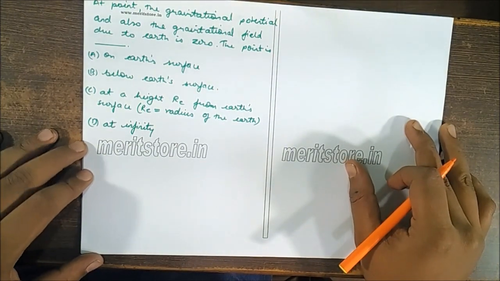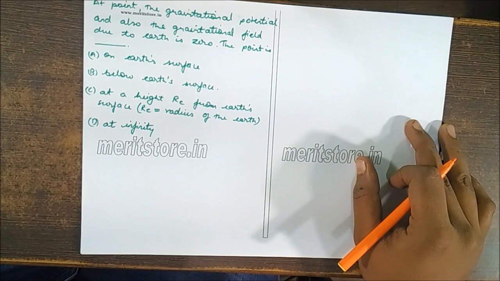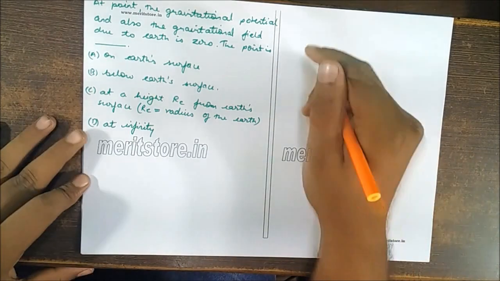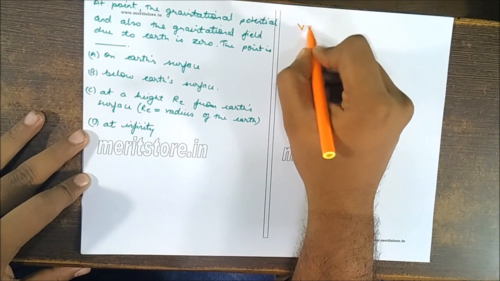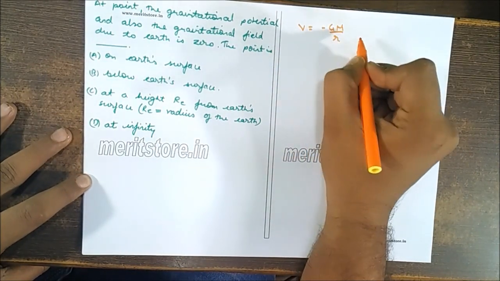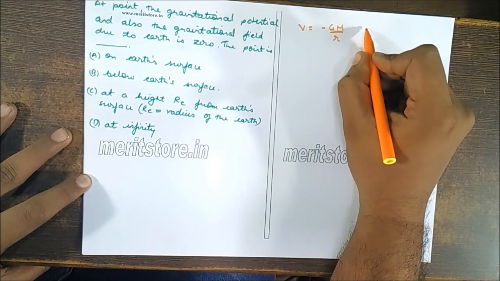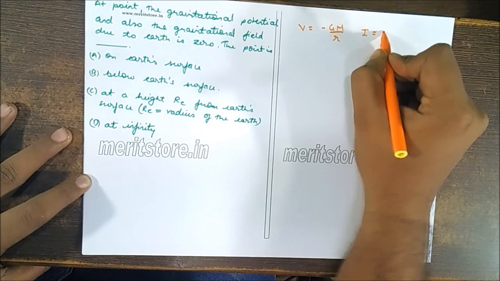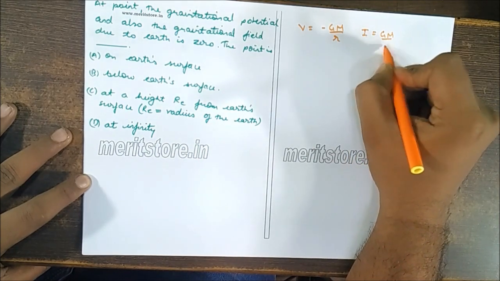At a point the gravitational potential and also the gravitational field due to Earth is 0. The point is, now let us first write the formula for gravitational potential. We get V is equal to minus GM upon R, and we also write gravitational field, say I, is equal to GM by R square.